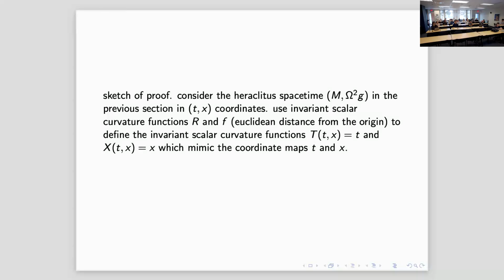Now use the invariant scalar curvature functions r and f, Euclidean distance to the origin, to define the invariant scalar curvature functions big T and big X, which mimic the coordinate maps little t and little x. So let's get that straight. These are curvature functions, scalar curvature functions, which are invariant, but they are mimicking the coordinates, which under a usual context, if we're not speaking about maximally structured spacetimes, those coordinates, of course, are not invariant.